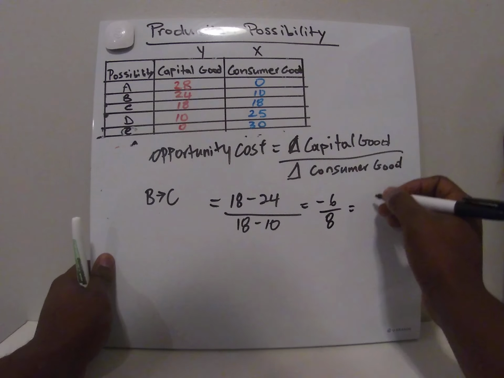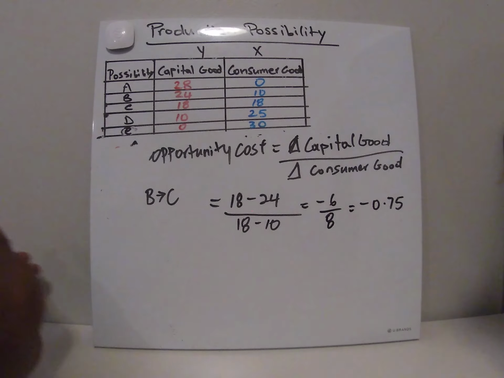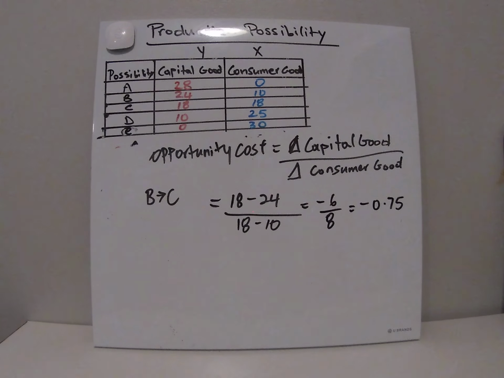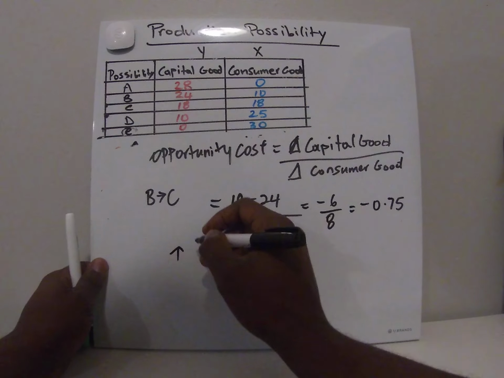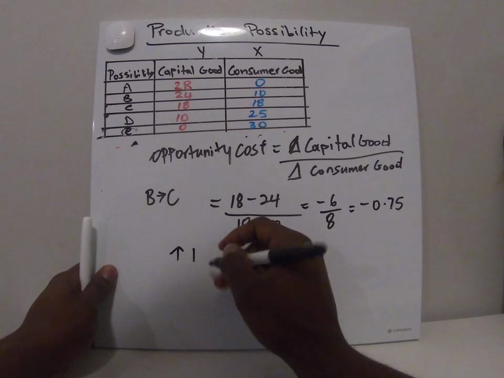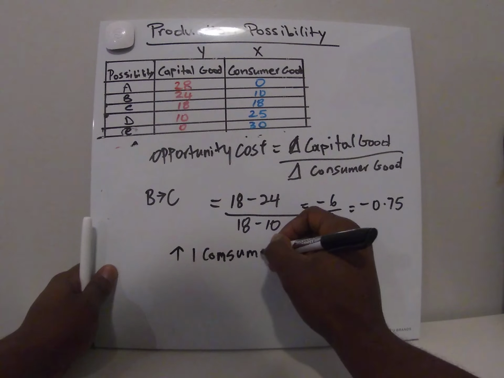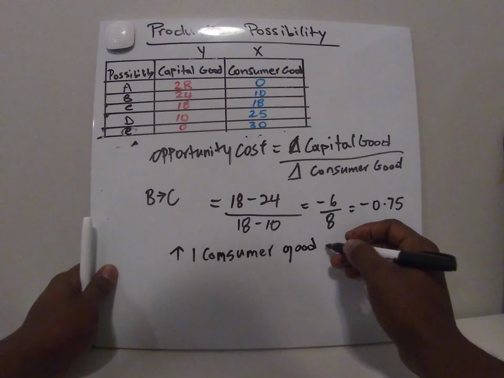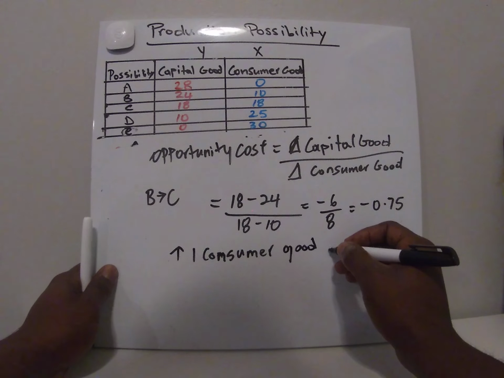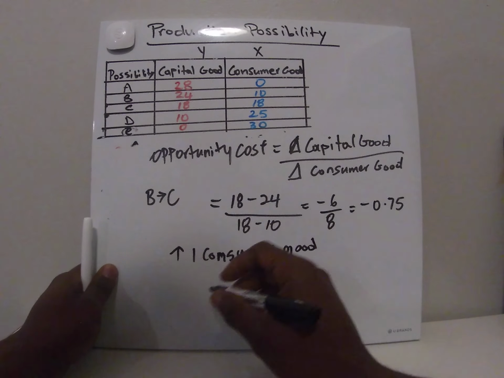And then this would be negative 0.75. What this indicates is that for every increase in one consumer good, we would need to give up 0.75 of a capital good.